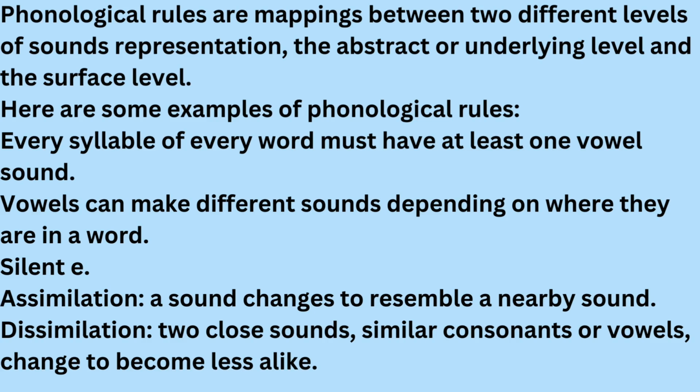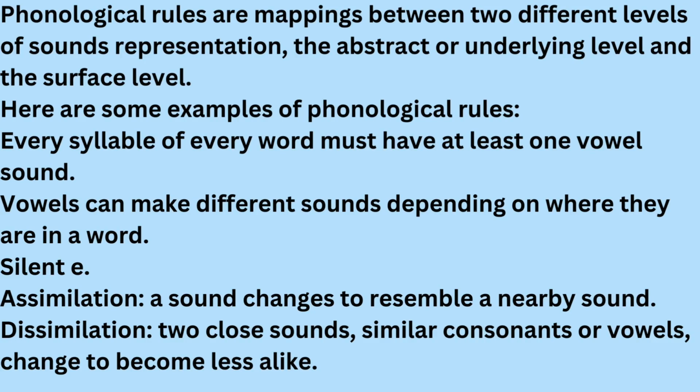The silent E is very important. Then, assimilation: a sound changes to resemble a nearby sound. Then there is dissimilation: two close sounds, similar consonants or vowels, change to become less alike. So these are some very important things that determine the sound of the word which we pronounce.